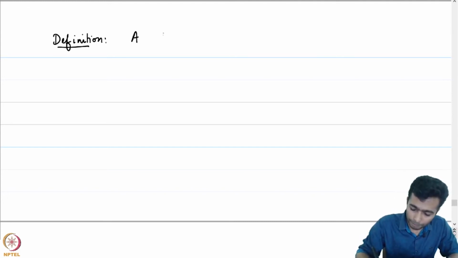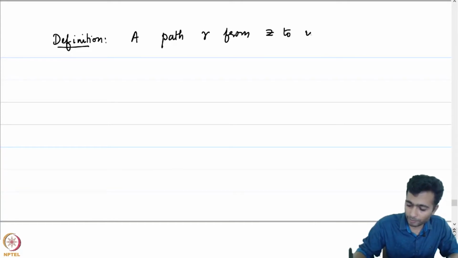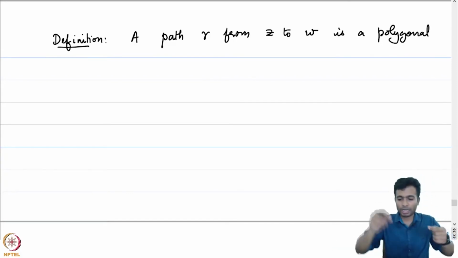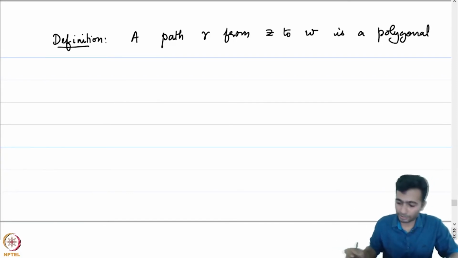A path gamma from z to w is a polygonal path if it is obtained by concatenating finitely many straight lines.